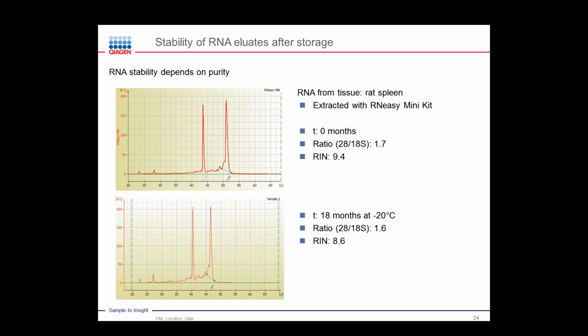The same experiment using rat spleen tissue was performed, and you can see that even with a tissue sample there is no significant change in RNA integrity observed after 18 months storage at minus 20 degrees. We also obtain high quality RNA.